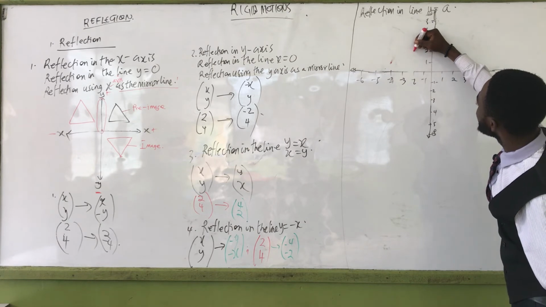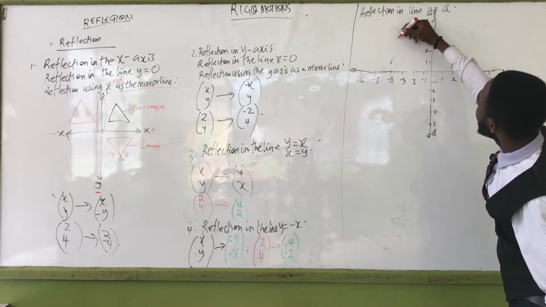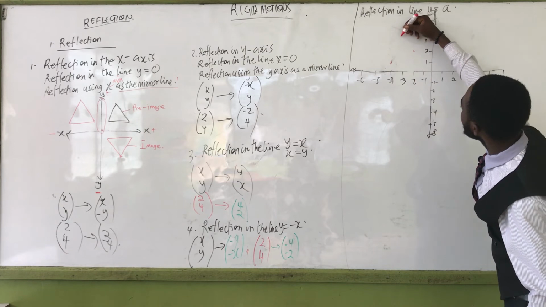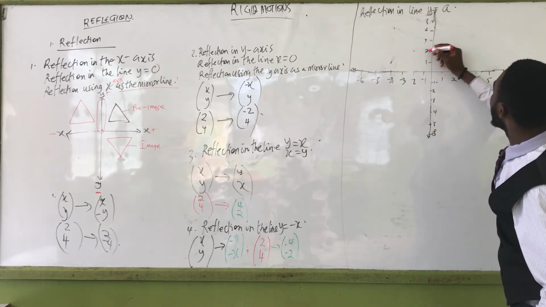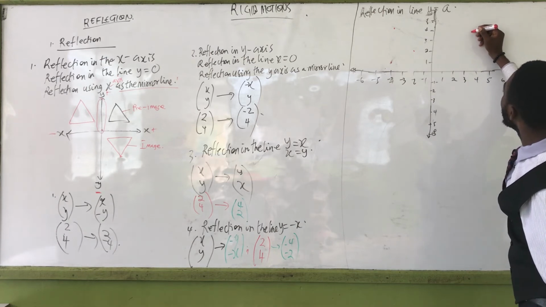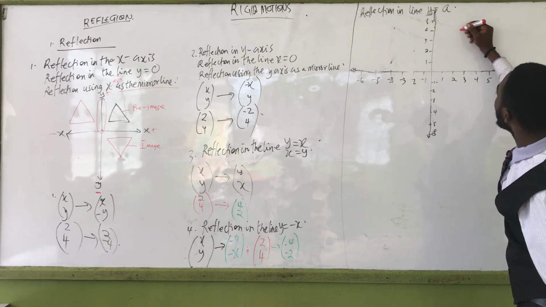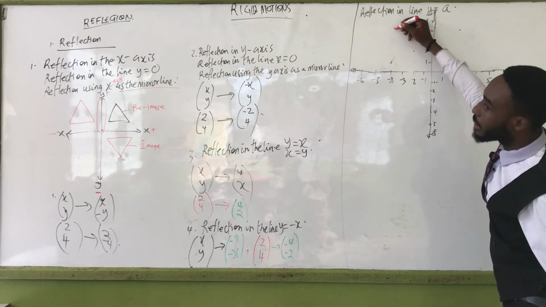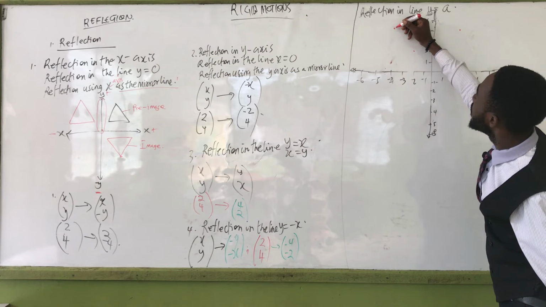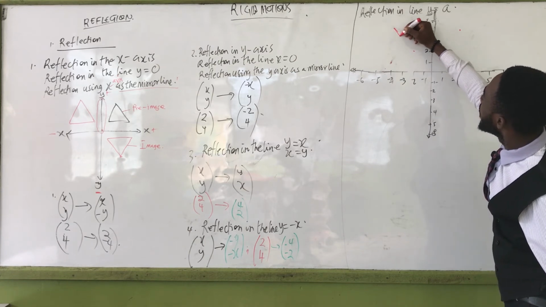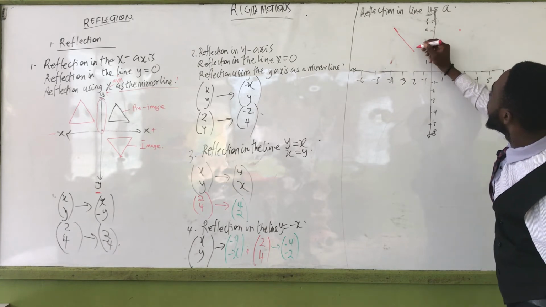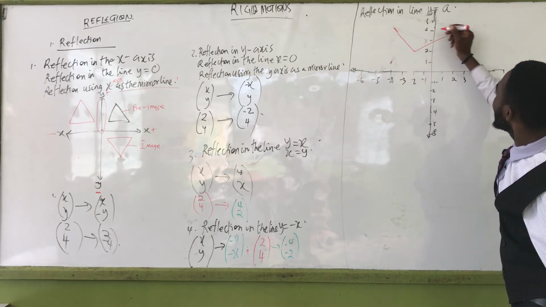So 2, negative 2, having another one here, 4, negative 4, and then the last one here, it's 3, 4. That would have something like this.